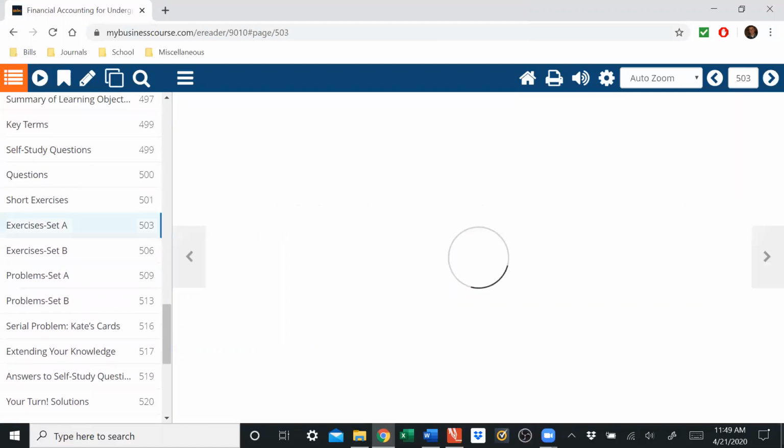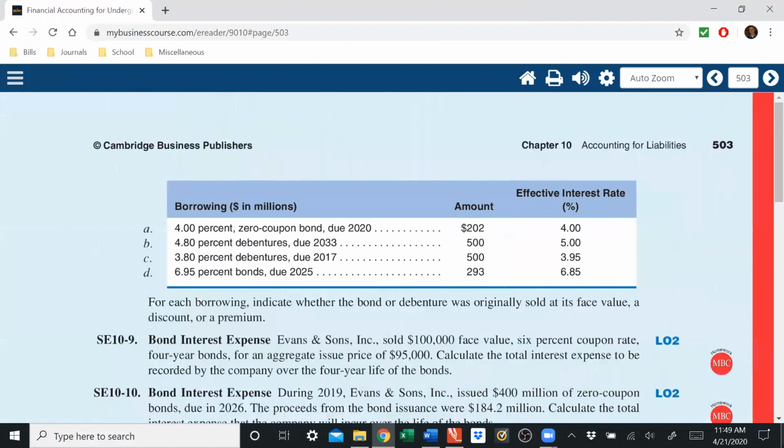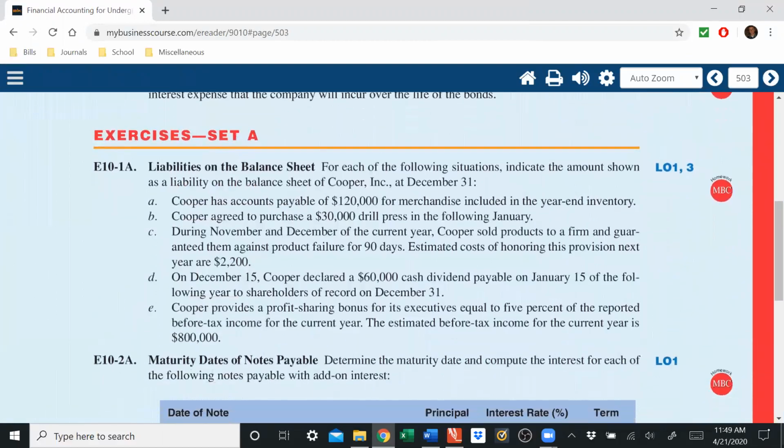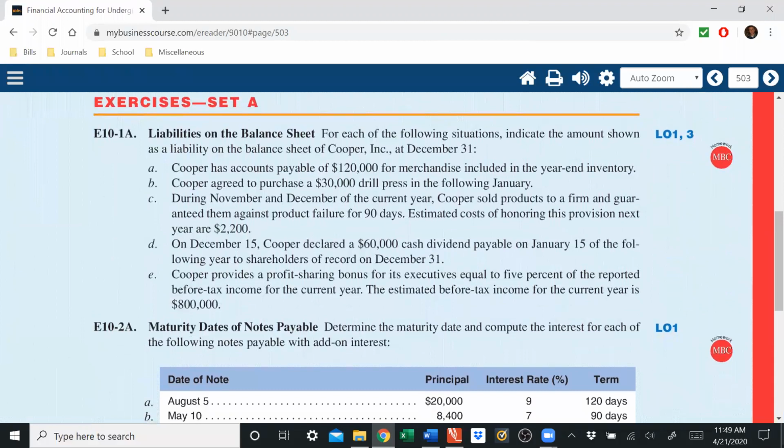So let's do the first exercise in set A. So give me 1 second here. Let me pull up the solutions. That way I make sure I'm not showing you guys something that's wrong. Apologize for the delay.